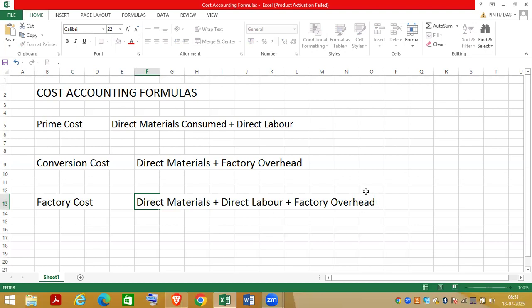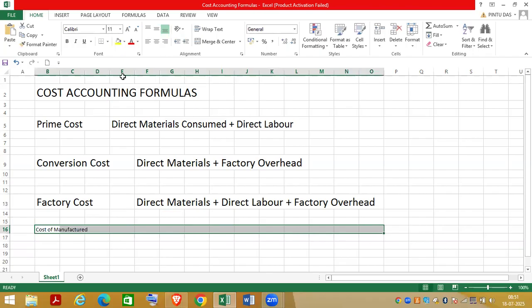Next is a very important one, cost of goods manufactured.